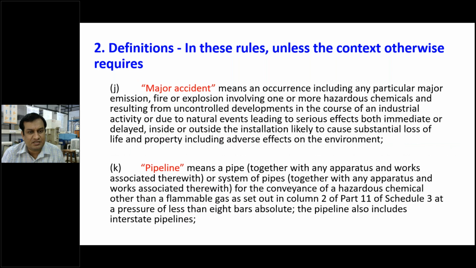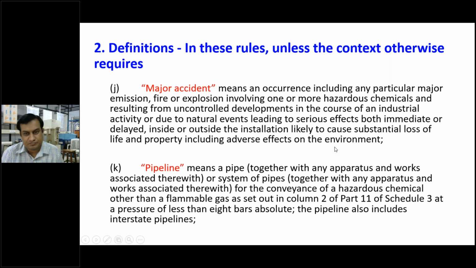Then major accident is one of the important definitions. It means an occurrence including any particular major emission, fire or explosion involving one or more hazardous chemicals and resulting from uncontrolled development in the course of an industrial activity, or due to natural events, leading to serious effects both immediate or delayed, inside or outside the installation, likely to cause substantial loss of life and property, including adverse effects on the environment.